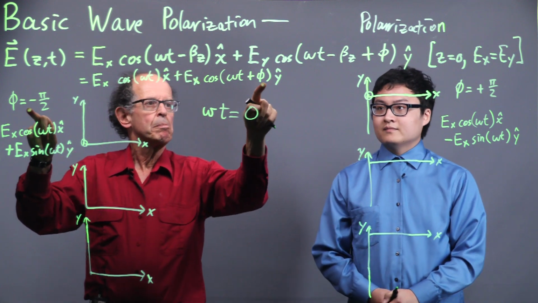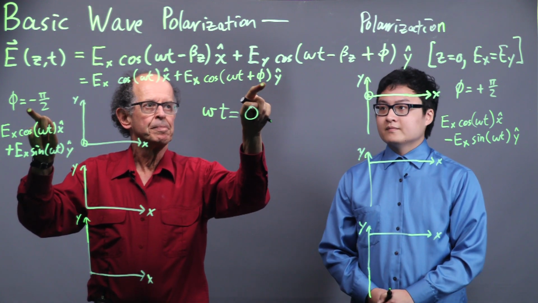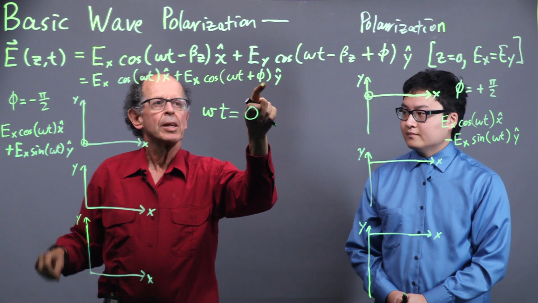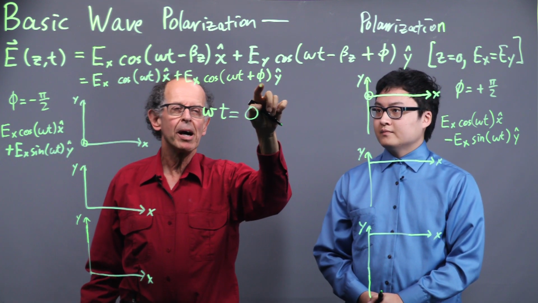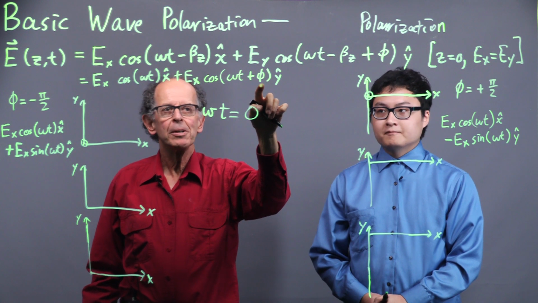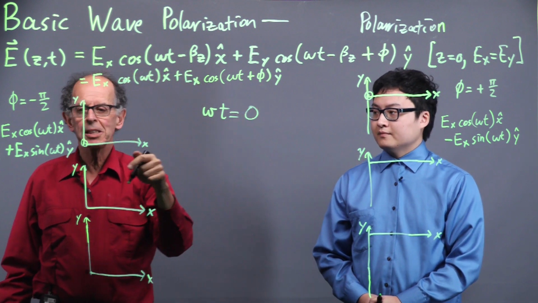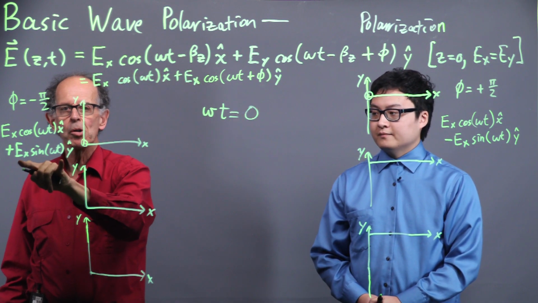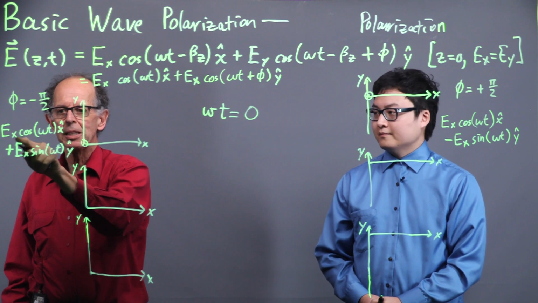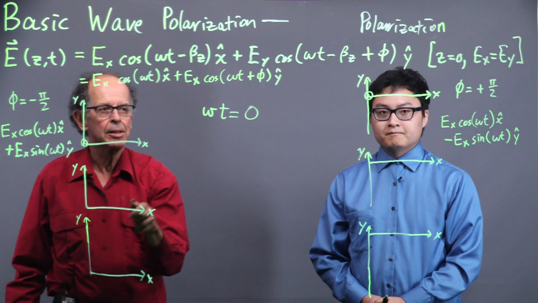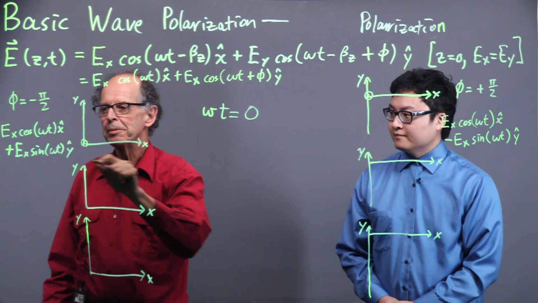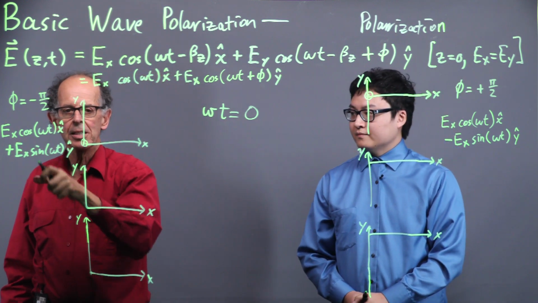Phi is minus pi over 2. So if you take the cosine and shift it by minus pi over 2, you're actually starting at the beginning of the sine wave. And so our field is going to be Ex cosine plus Ex sine. At omega t equals 0, we just have the Ex component.